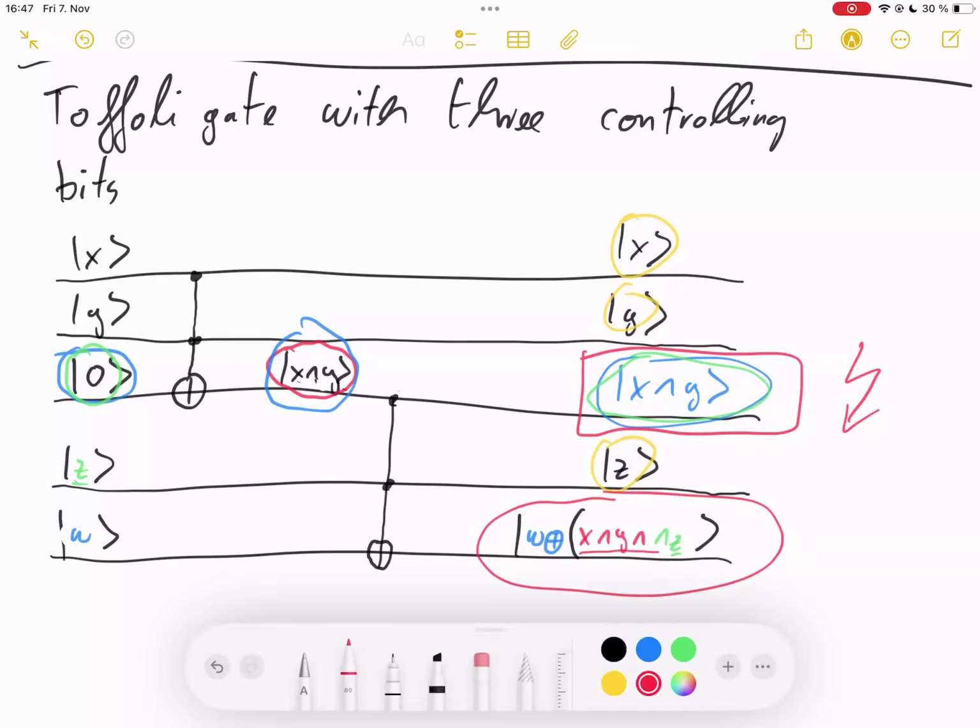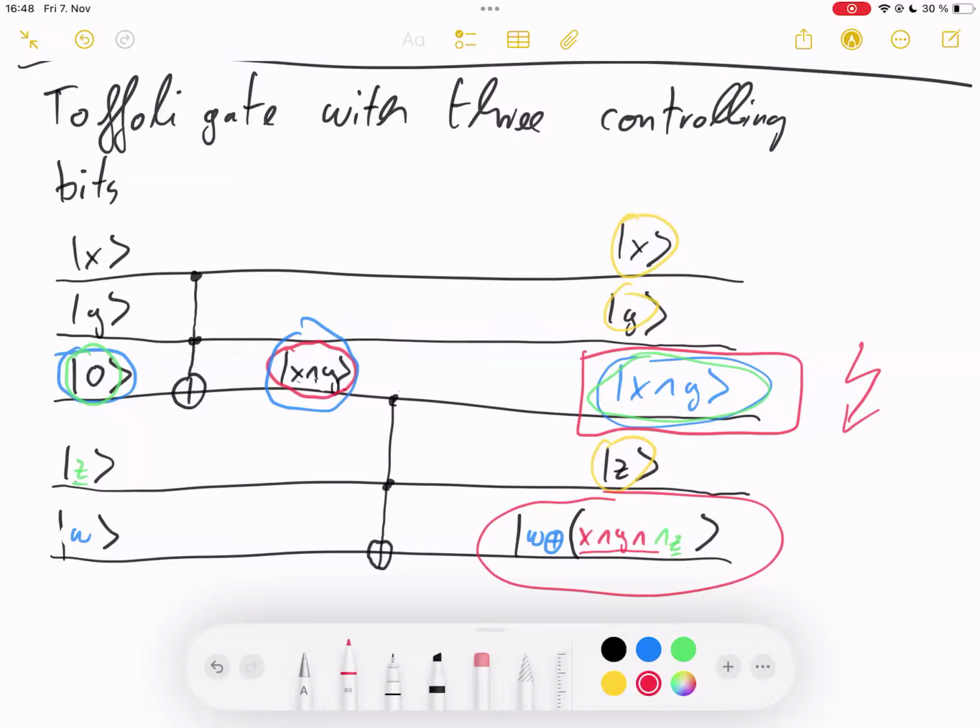Because what I have created here could be an unnecessary superposition, and it's something I cannot ignore in quantum computing. It will lead to lots of trouble. And maybe in a big algorithm, we need a lot of Toffoli gates or other gates, and we have something like this. And we really don't want that. It's something we cannot just ignore.